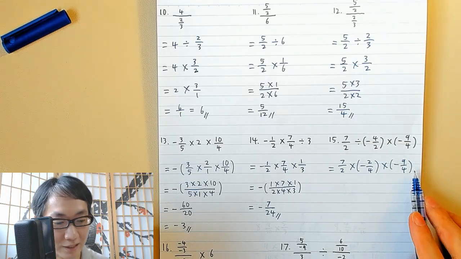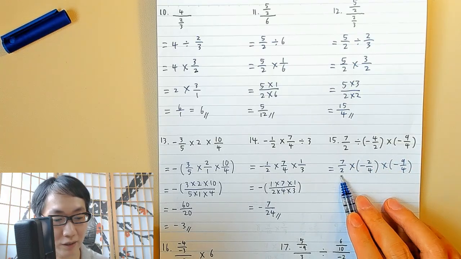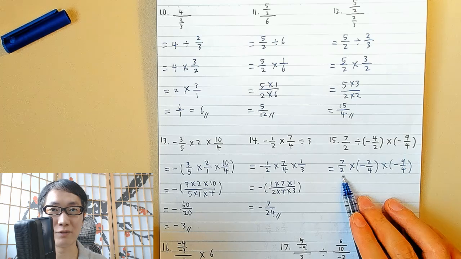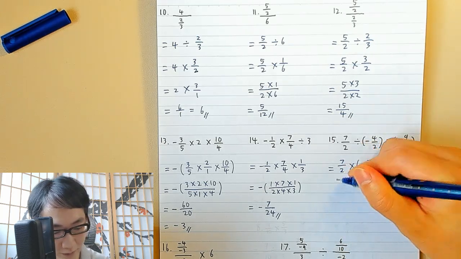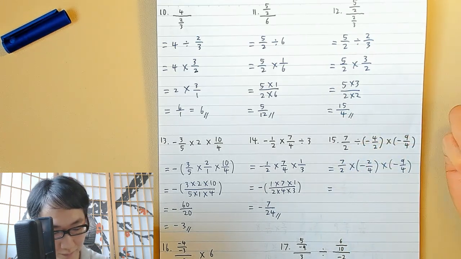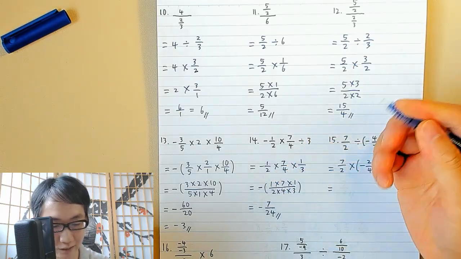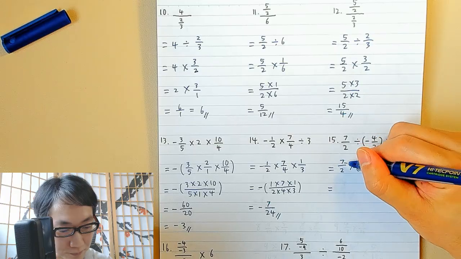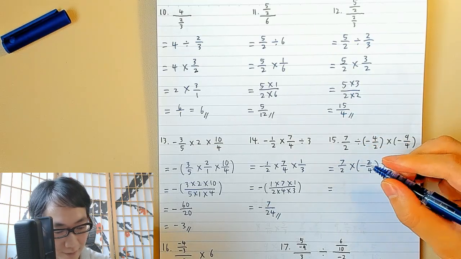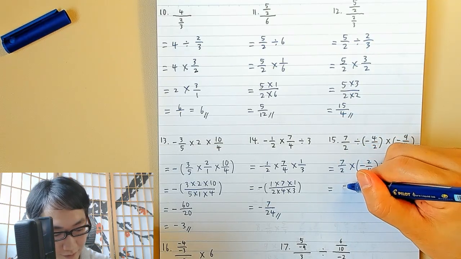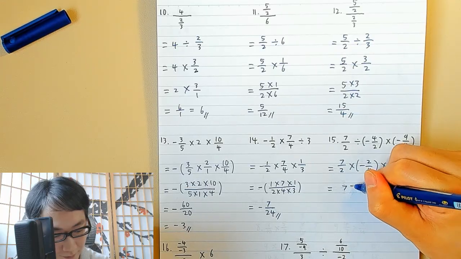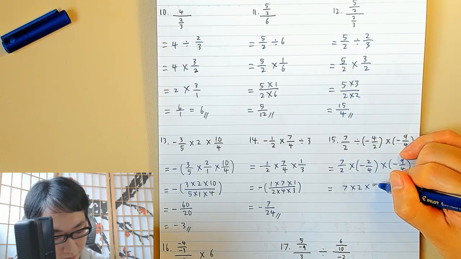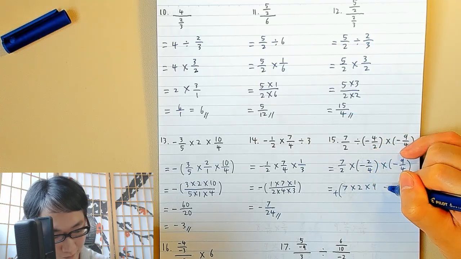And that positive multiplied by this positive will still be positive. So the answer should be positive. So we have 7 times 2 times 9. Okay, let's do this anyway.